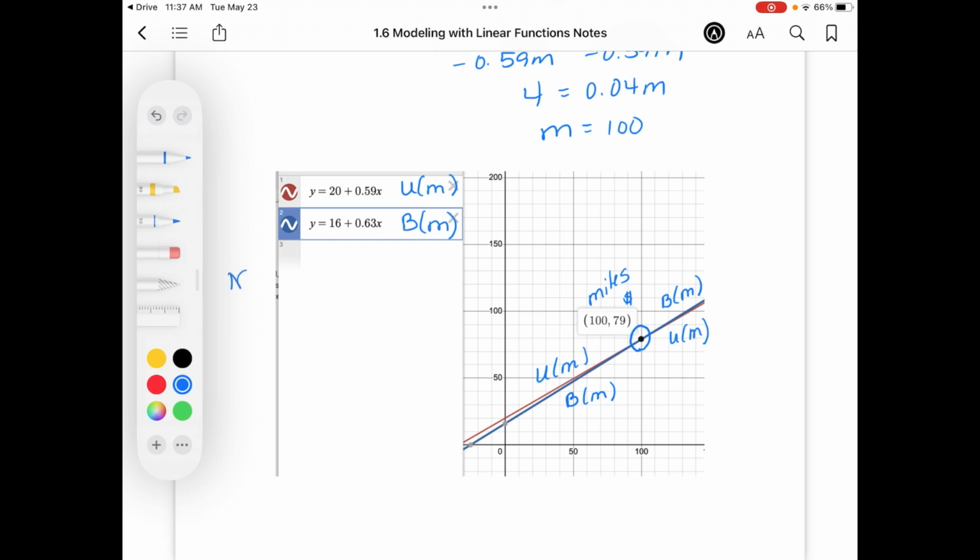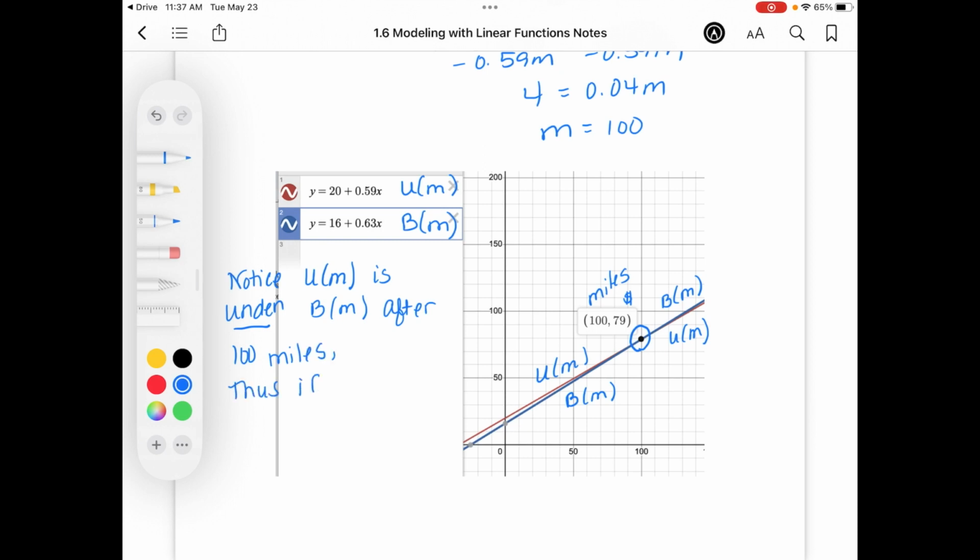So then we'll just make a note here. Notice that our U-Haul line is under the budget line after 100 miles.